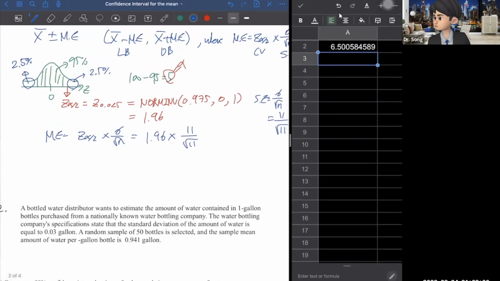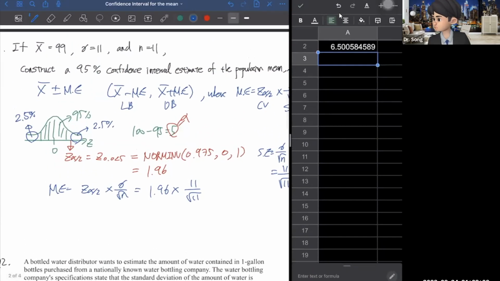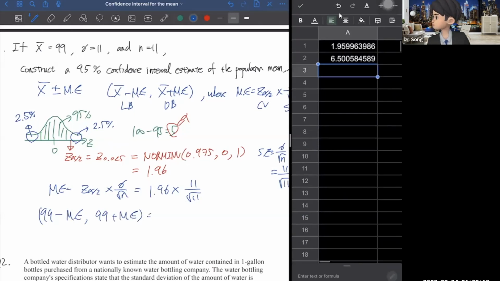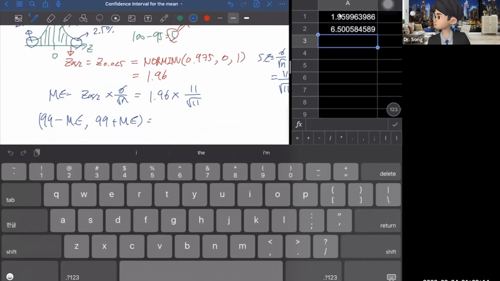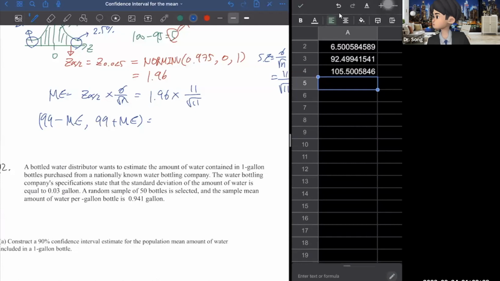Then we're done. Sample mean is 99. So 99 minus this margin of error gives me the lower bound, and 99 plus the margin of error gives me the upper bound. So let me calculate it. So take a look. Put the equality here, 99 minus this value, 6.5 something, and then 99 plus this margin of error, 6.5 something, that gives me the upper bound.